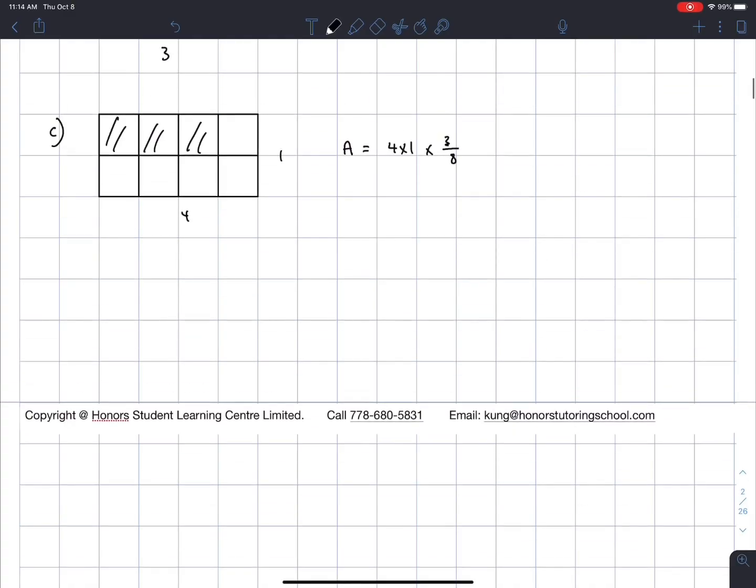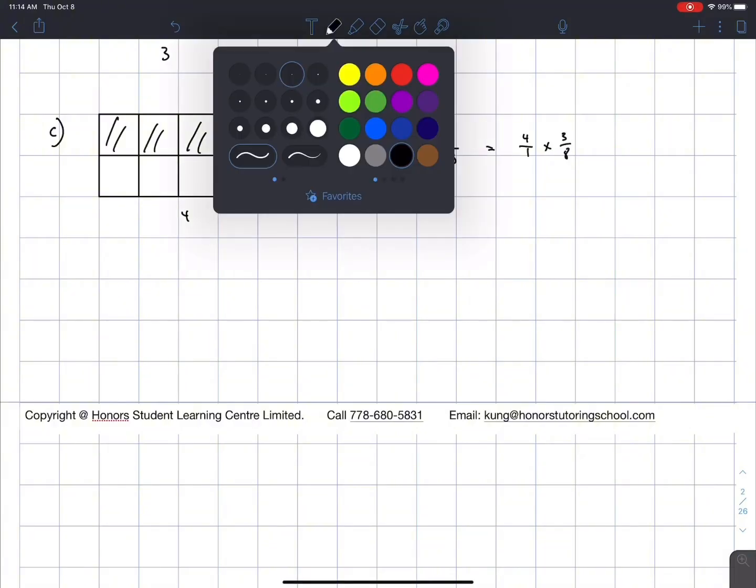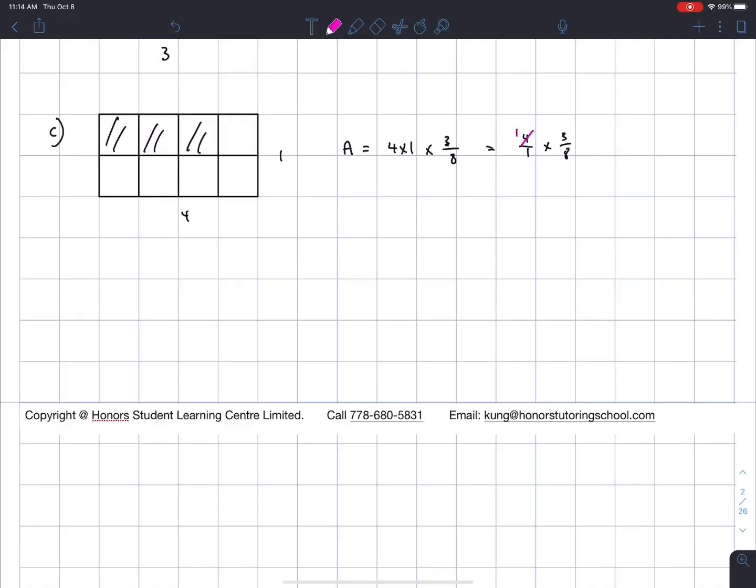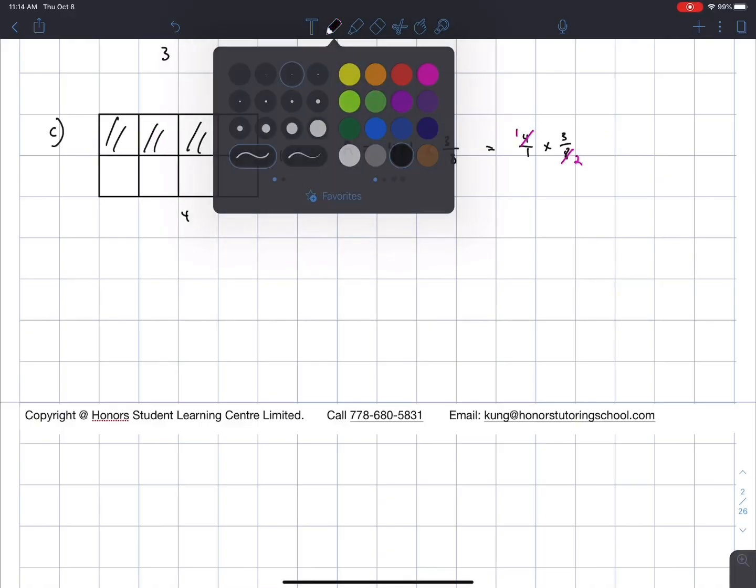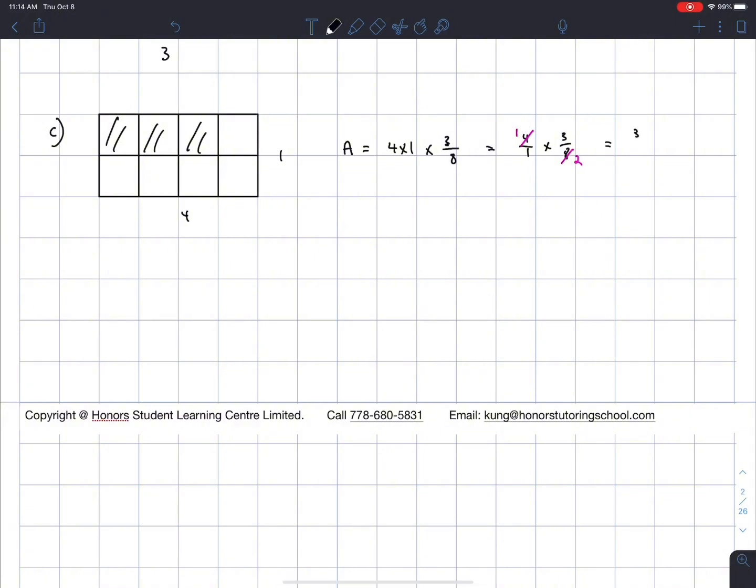Because only 3 of them are being shaded, 4 times 1 is 4, so just 4 over 1 times 3 over 8. Simplify again, divide this by 4 to get 1, divide the denominator by 4 to get 2. So numerator becomes 1 times 3 is 3, denominator 1 times 2 is 2.